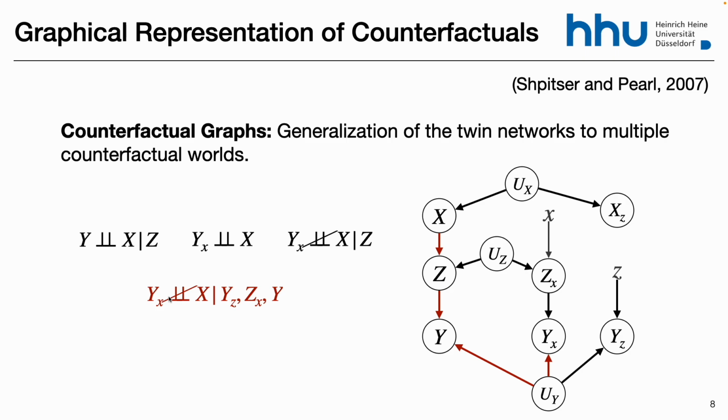But the point is, if you just look at this, you have no idea of what's going on. If you look at the graph, you understand whether and why they are dependent. So it's giving an explanation and a way to test. That's the most important part: a way to test independencies among counterfactuals.